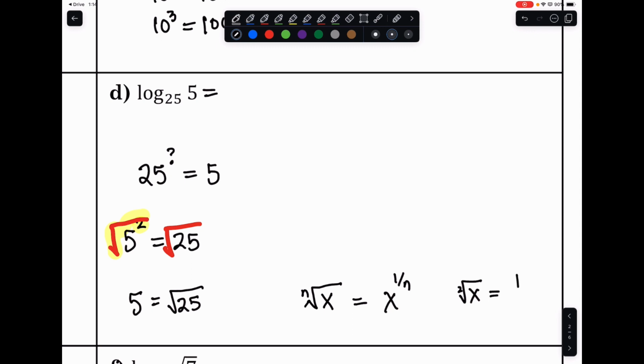So this would be x raised to the 1/2 power. So that means that the square root of 25 can be written as 25 to the 1/2 power. So that is what our exponent has to be. 25 has to be raised to the 1/2 power in order for it to equal this 5. So the log with base 25 of the value 5 equals 1/2.